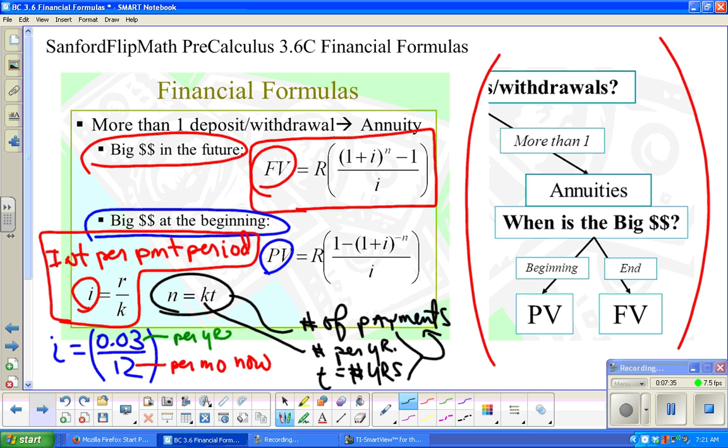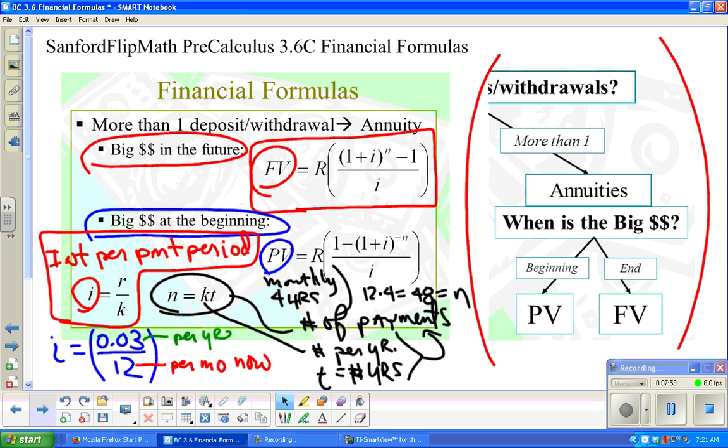So if I'm paying for 4 years monthly, then this is going to be 12 times 4 is 48. That's what N is.